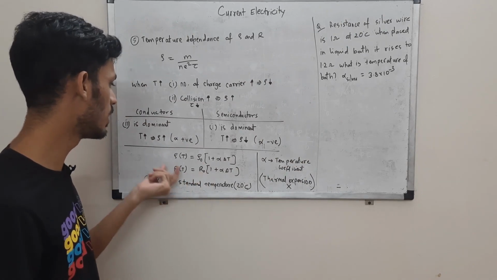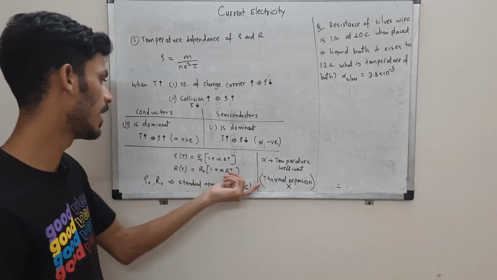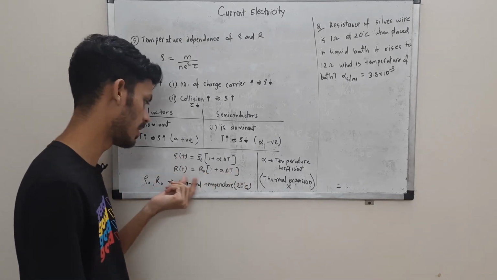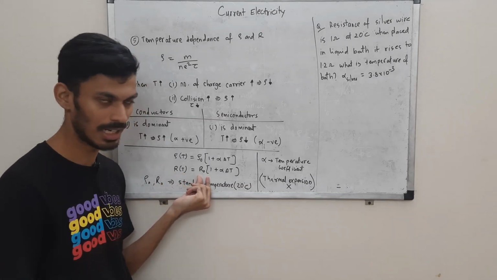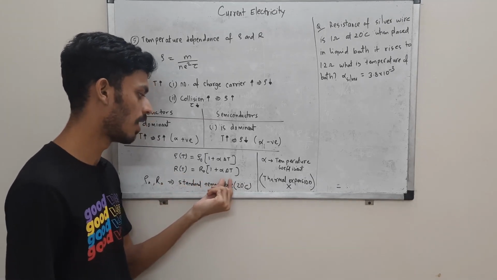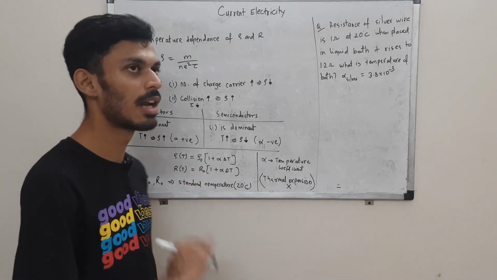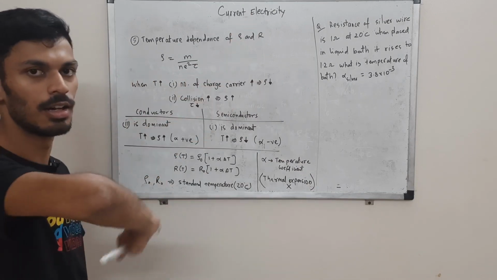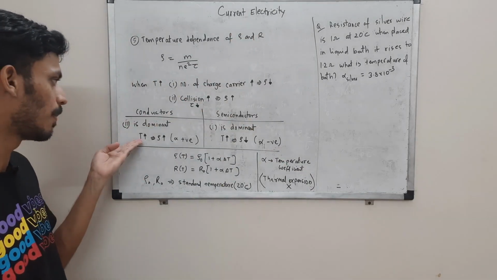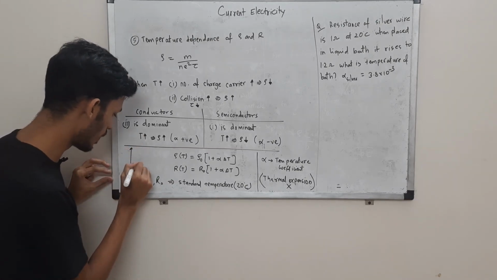Similarly, since resistance and resistivity are directly proportional, you can also write the relation in terms of resistance. Resistance at a particular temperature t is equal to resistance at 20 degrees Celsius times 1 plus alpha t. Here alpha is positive, meaning this graph will be linear, going up, with the increase in temperature, increase in resistivity. The graph for conductors will look something like this.